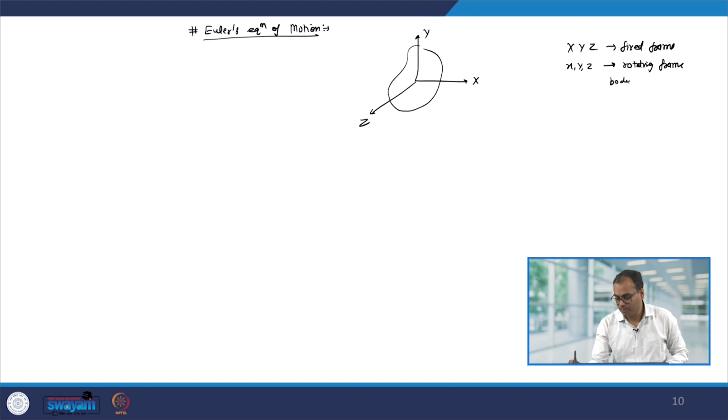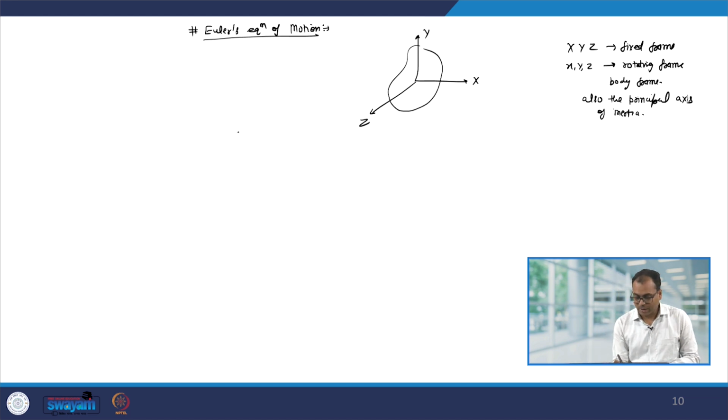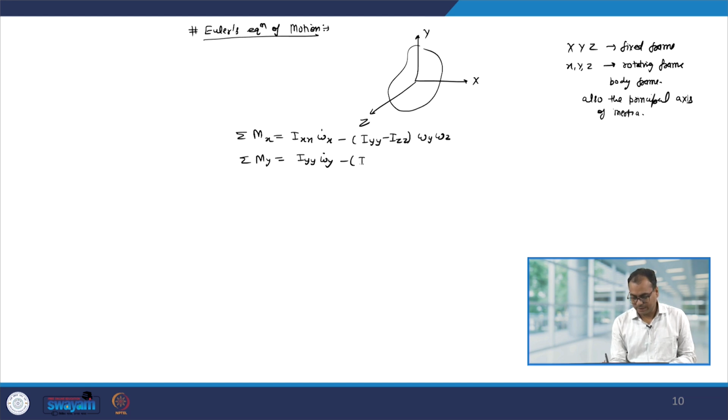So, basically they are the body frame, and if these small x, y, z are also the principal axes of inertia, then we have the equation of motion of the rigid body as summation Mx equal to Ixx omega x dot minus Iyy minus Izz omega y omega z, summation My equal to Iyy omega y dot minus Izz minus Ixx omega z omega x, summation Mz equal to Izz omega z dot minus Ixx minus Iyy omega x omega y.